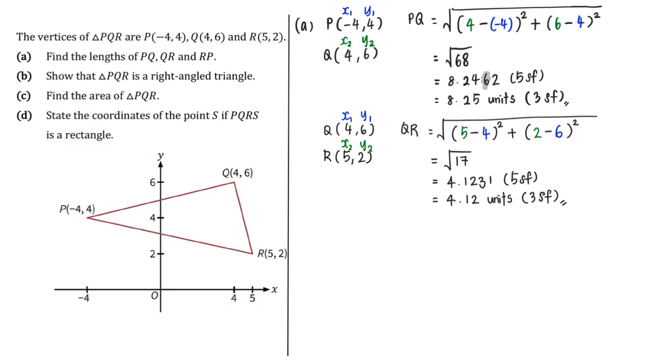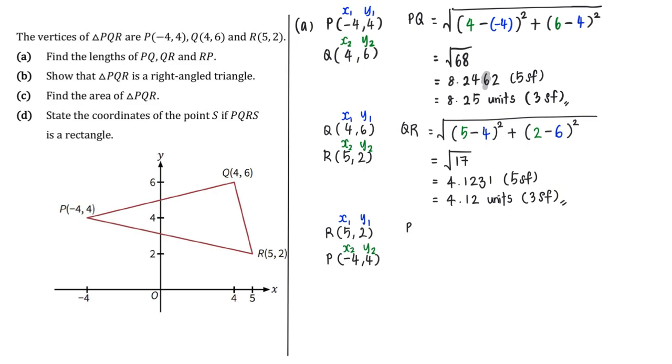Next length that we are supposed to find would be my RP. So my R is 5, 2 and my P is -4, 4. Again, I'm going to just repeat this for the third time.